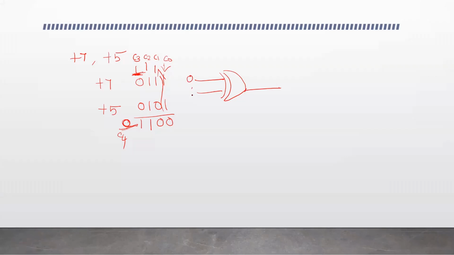C4 is 0 and C3 is 1, so it produces 1. We check the output of this XOR function. If it is 1, that means there is an overflow. When these carries are the same, there will not be an overflow. So the overflow bit has to be sent with the actual result, so that it can be treated in the right way.